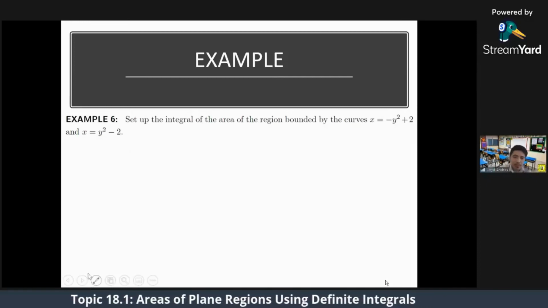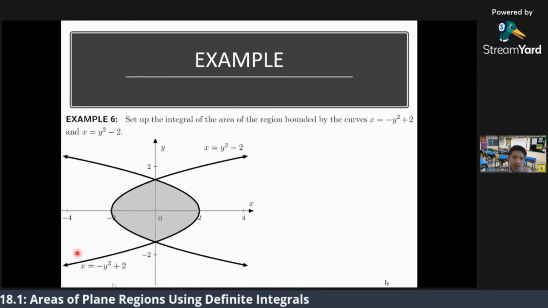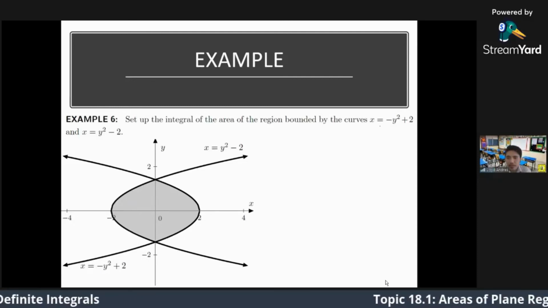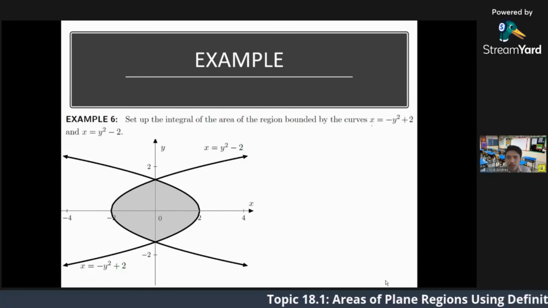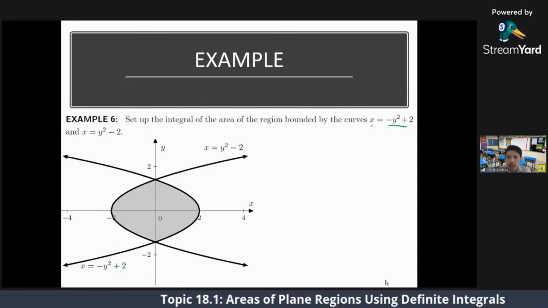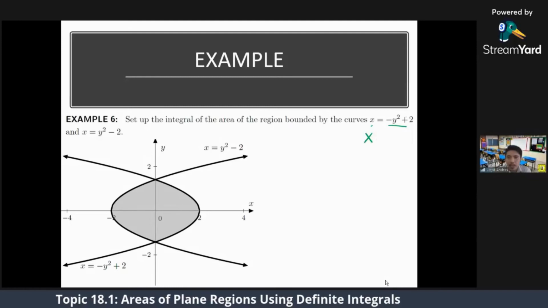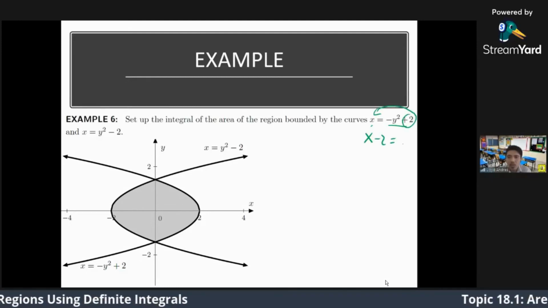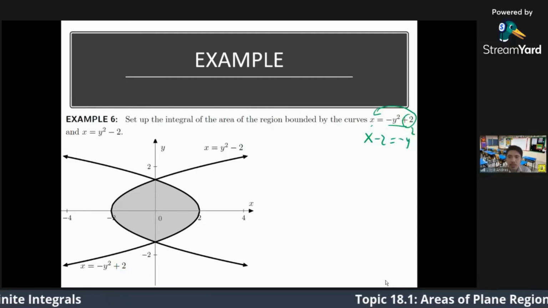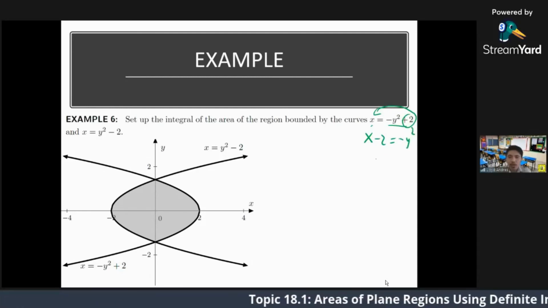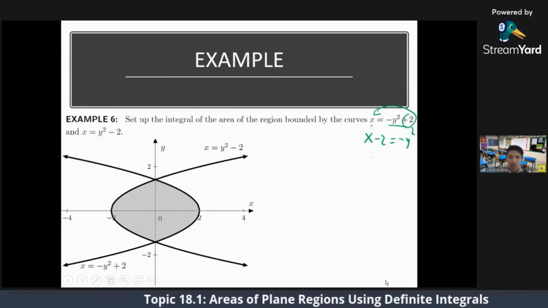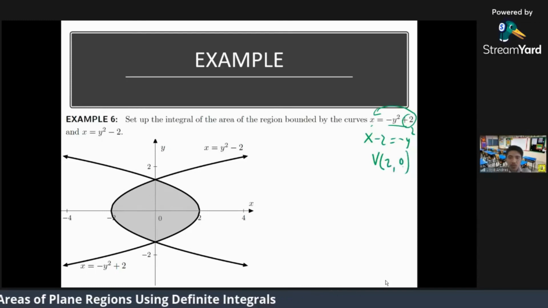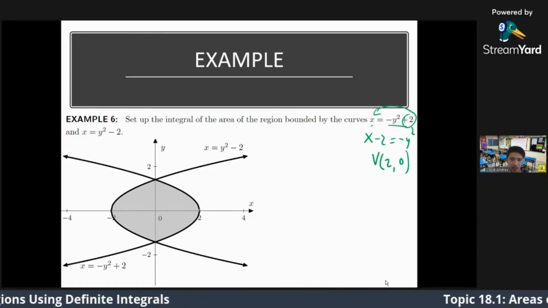Again, we need to sketch this. To sketch, we isolate the squared term, so that becomes x minus 2 equals negative y squared. Therefore, the vertex is 2, 0.